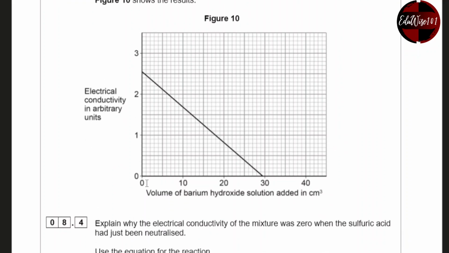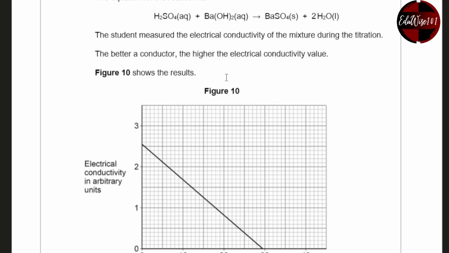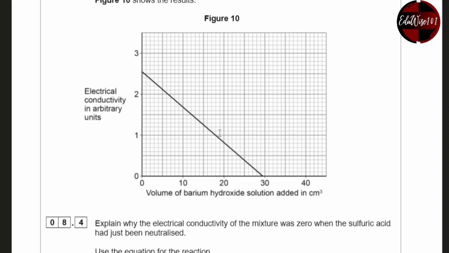So at the start, when you haven't added any barium hydroxide, electrical conductivity is nearly 2.6. As you add barium hydroxide, the barium sulfate is a solid and is neutralizing to form water. The acid is being neutralized by the alkali. So as you add more alkali, the acidity goes down.